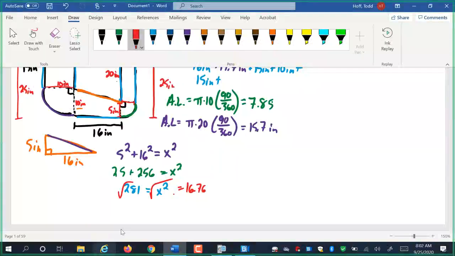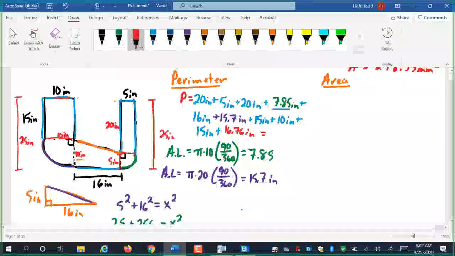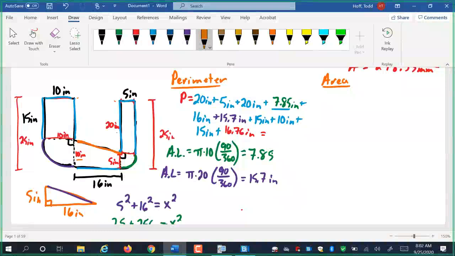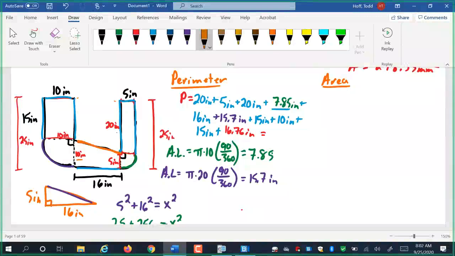So that final slanted hypotenuse is 16.76 inches. So that all adds up to be, what is that, 25, 45, 60, 70, 85, 101.